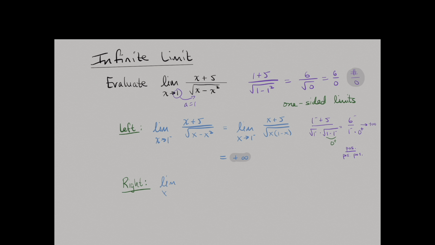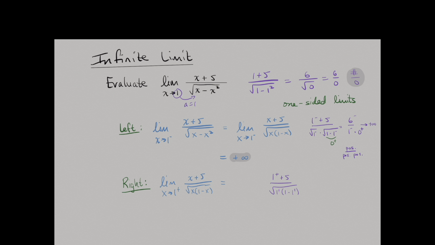the limit as x goes to 1 from the right, I'm going to go ahead and factor the radicand again, because I already know the logic will be too difficult if I don't. Here, I'm going to try plugging things in and see what happens. So 1 plus 5 over the square root of 1 plus times 1 minus 1 plus.